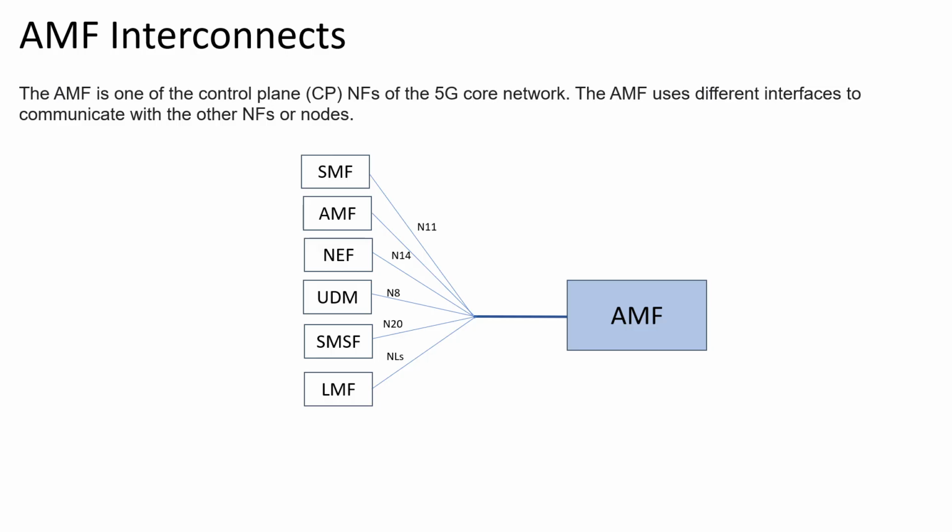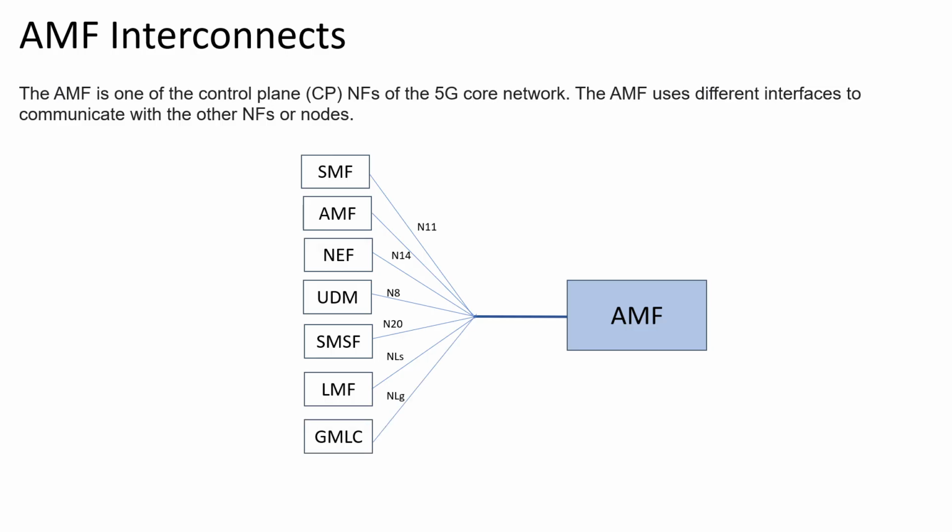So as soon as the GMLC triggers AMF, AMF invokes a query towards LMF, the location management function, and gets the subscriber civic information, the lat-long information, right? And then in turn passes this information to the GMLC for positioning, right? So it talks with LMF over the NLs interface.